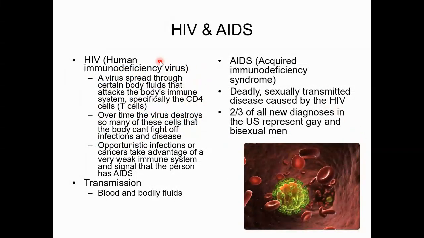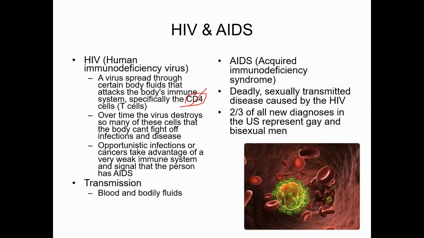Next, HIV and AIDS. HIV, human immunodeficiency virus. HIV is a virus spread through certain body fluids that attacks the body's immune system, specifically the CD4 cells, which are a form of T cells. So you need to know that. Over time, the virus destroys so many of these cells that the body can't fight off infection or disease anymore. So HIV destroys CD4 cells, and the immune system goes down.